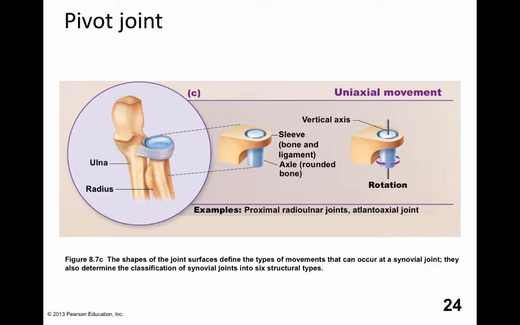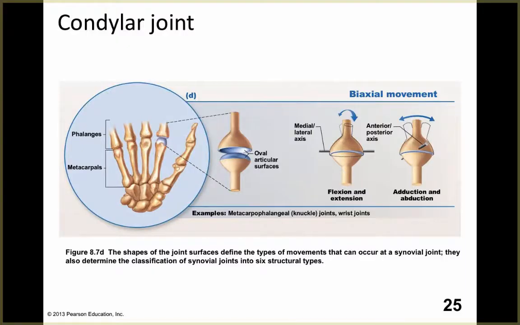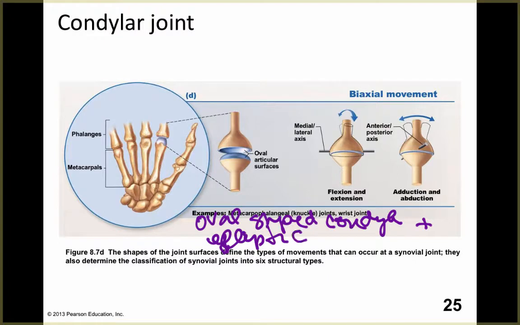And so the next one we're going to look at is the condylar, or what's known as the ellipsoid. On here, you basically have an oval-shaped condyle that is going to articulate with an ellipsoid or elliptical cavity, right?